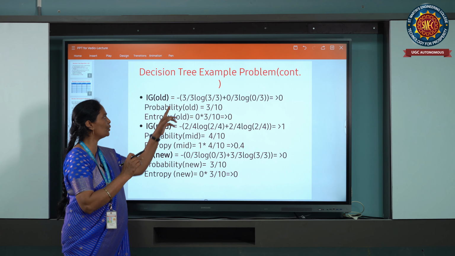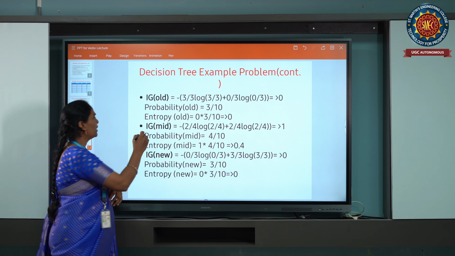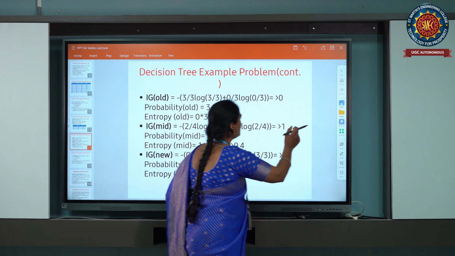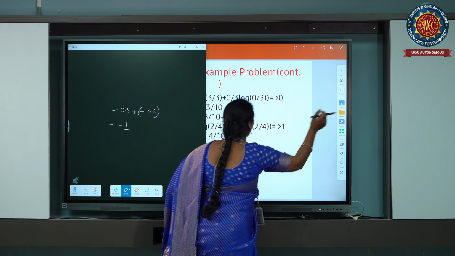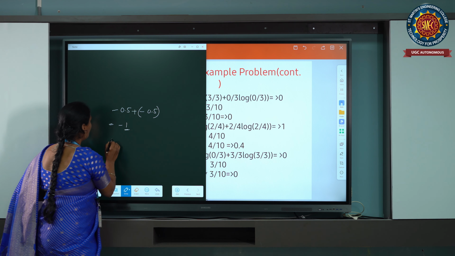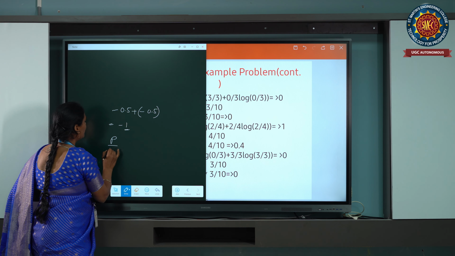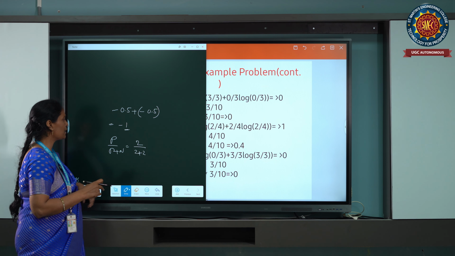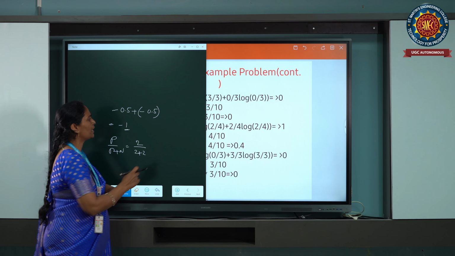The formula is P by P plus N. Here the P value is 2 divided by 2 plus 2, where N is 2 and P is also 2. That is why we are getting 2 by 4 in this one.